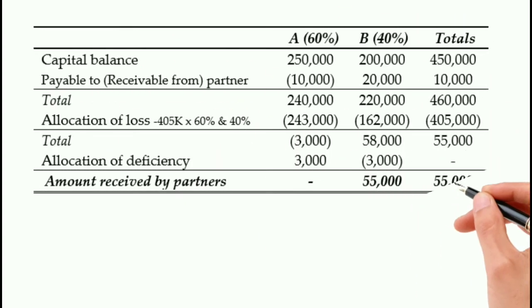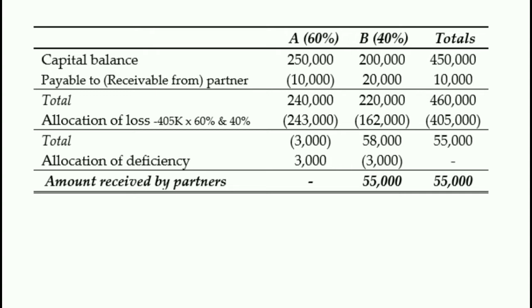I-compute natin yung amount received by partners. Ang capital balance ni A ay 250,000 pesos at ang capital balance ni B ay 200,000 pesos for a total of 450,000 pesos. Yung receivable from A na 10,000 pesos, that is deducted from the capital of A. At yung payable to B na 20,000 pesos, that is added to the capital of B. 20,000 pesos minus 10,000 pesos, that is equal to 10,000 pesos.